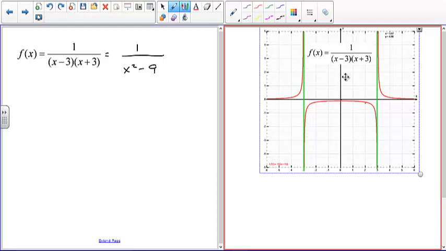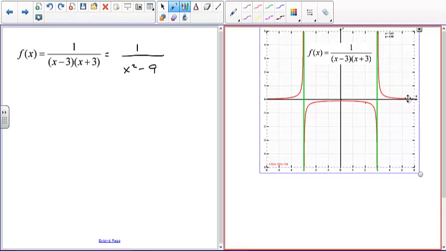There are a couple of ways you can think about this. If x is large, then large minus 3 is still positive, and large plus 3 is positive. So these both are positive. So when x is greater than 3, these two terms are positive, so the fraction is positive, and therefore the function has to be above the x-axis.